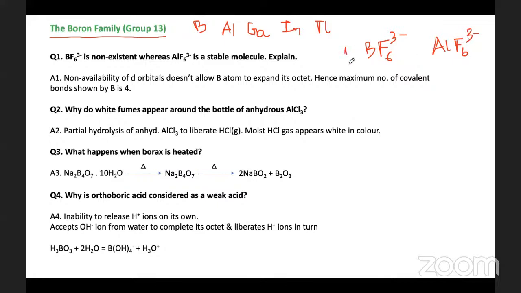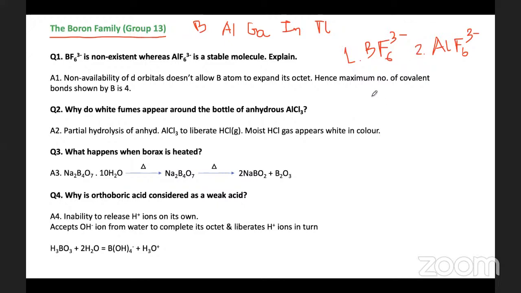So this is species 1 and this is species 2. According to the question, BF6 3-, the species 1, is non-existent. But the second species, AlF6 3-, is a stable molecule. So we have to rationalize the statement.